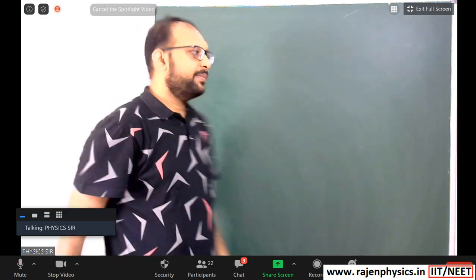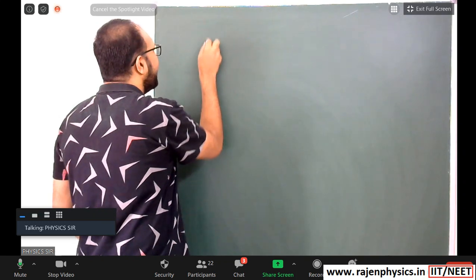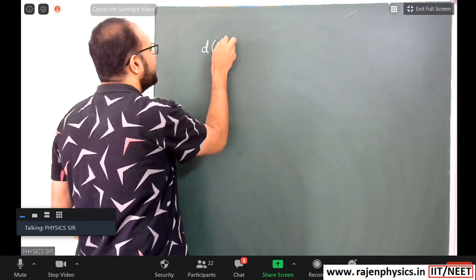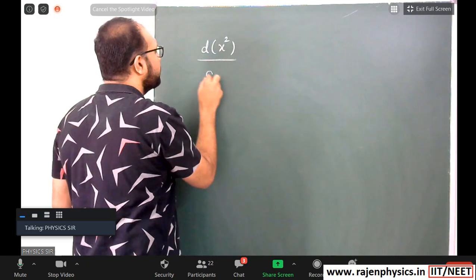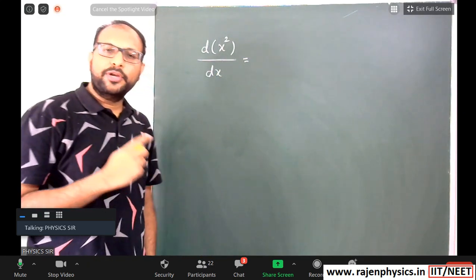For example, the derivative of x square with respect to x, we already know, is 2x. So how do we write this? Integral 2x dx is x square.